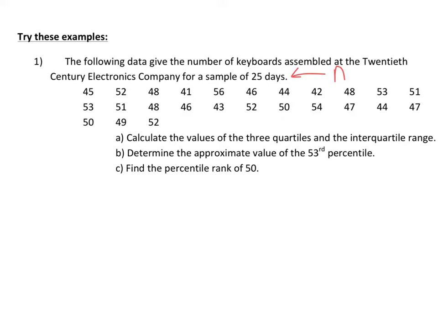So take a moment, enter the data into your calculator, and then take a picture of the 1-var stats test that shows you your 3 quartiles, Q1, Q3, and Q2, which is known as the median, and find the interquartile range.